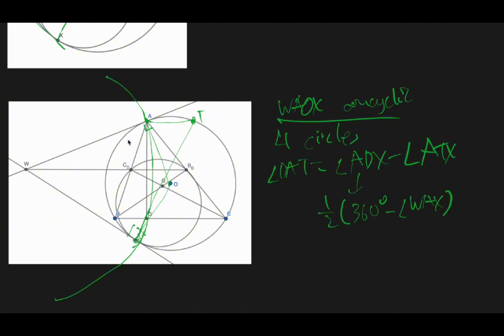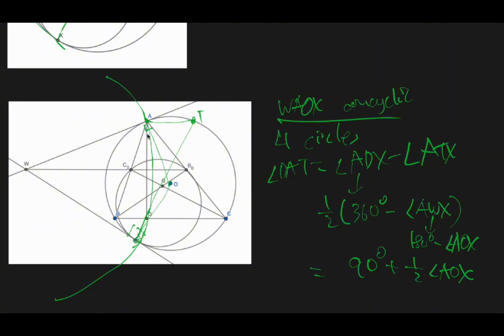And then angle WAX, sorry, this should be AWX. And since we know that A, W, X and O are concyclic, we know that angle AWX is just 180 degrees minus angle AOX. And if we simplify this a bit, this is 90 degrees plus 1/2 of angle AOX.